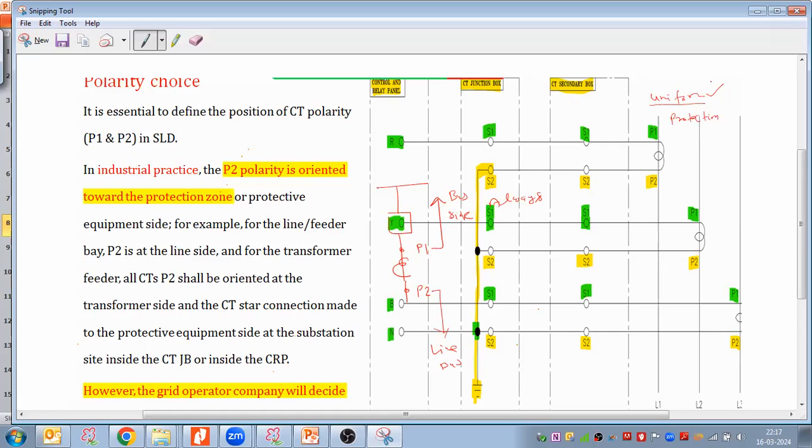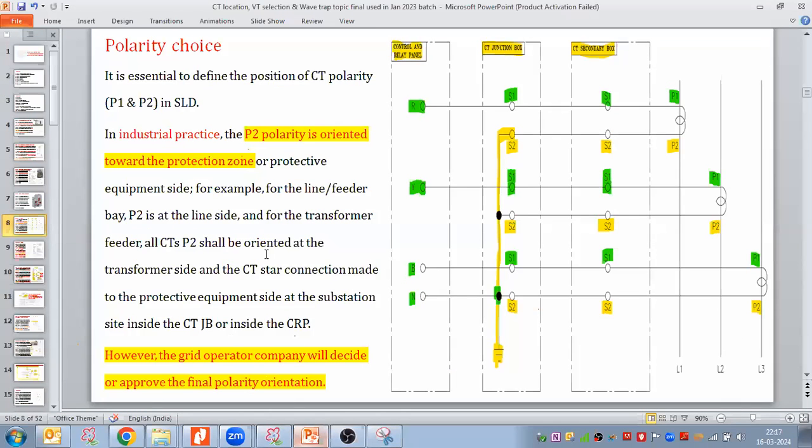And they will always check and cross-check the connection in this format only, P1 bus and P2 line, right? Yes. Okay. So that's why I told you this is what the grid operator will take care of. They will ensure that.